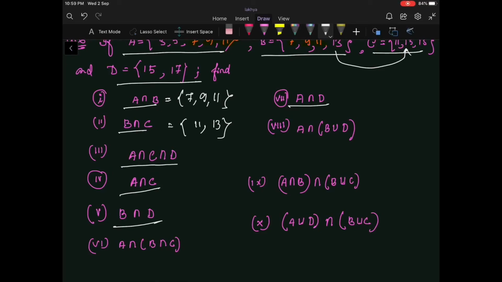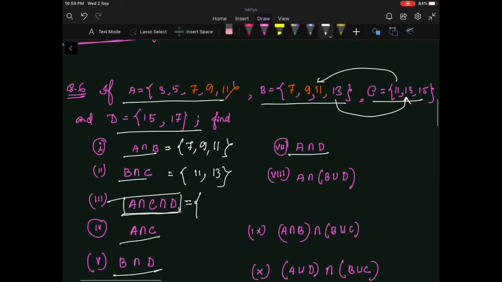In order to find A intersection C intersection D, we have to find all the common elements in these three sets. What are the common elements in the sets A, C and D? Let me check.